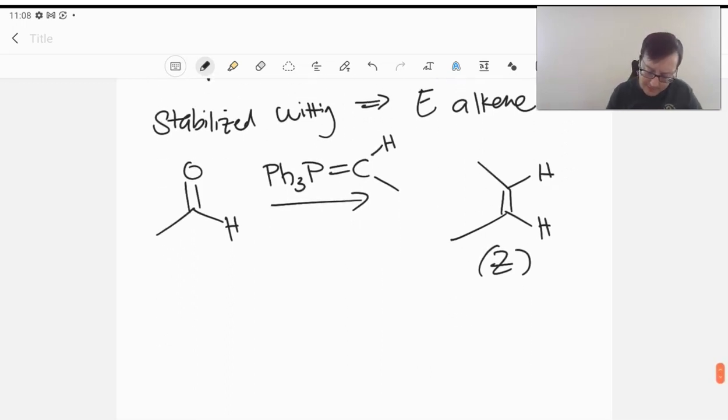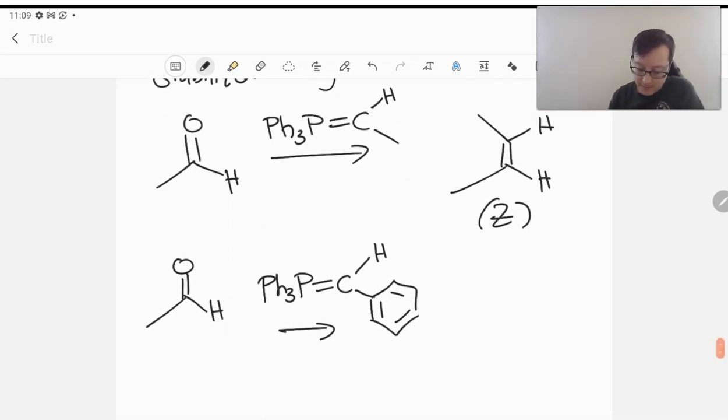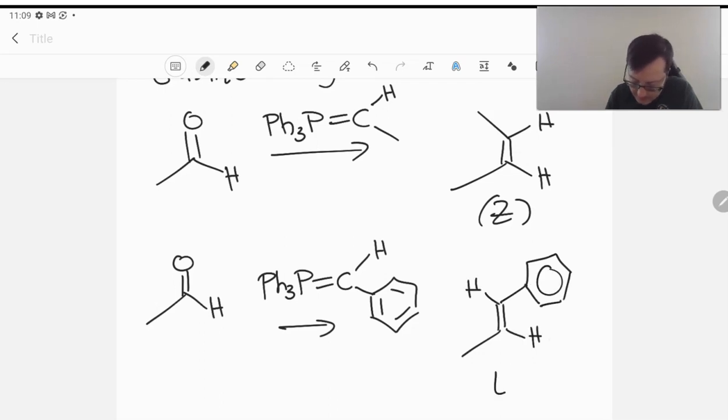And so, for example, if you take that same aldehyde, and we've got now carbon with a benzene on it as our Wittig reagent, we will actually get the opposite stereochemistry. We will get the E product instead.